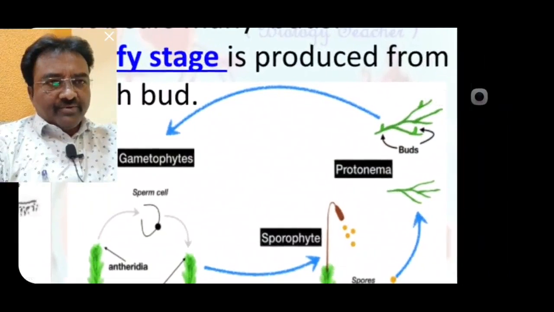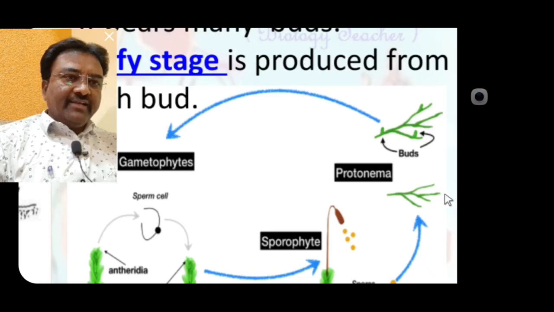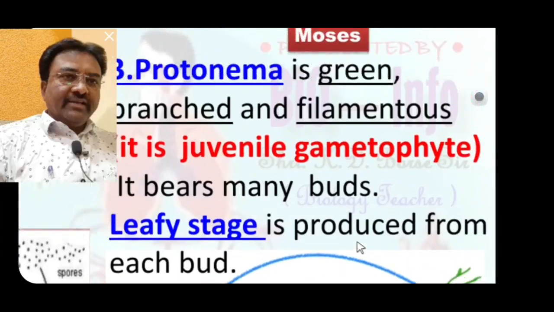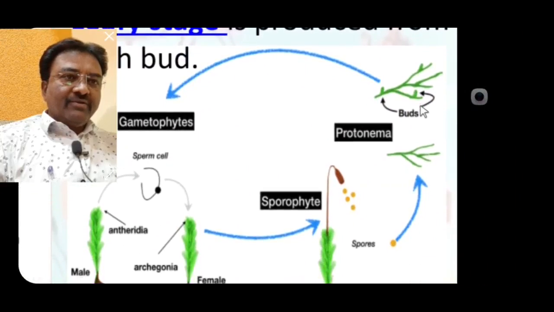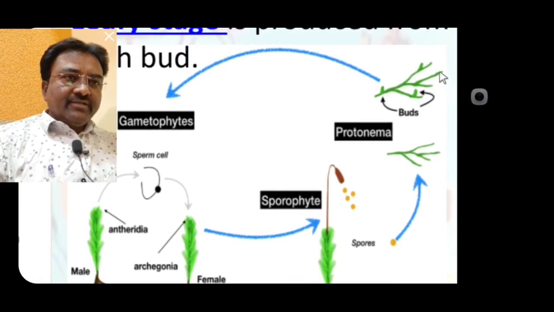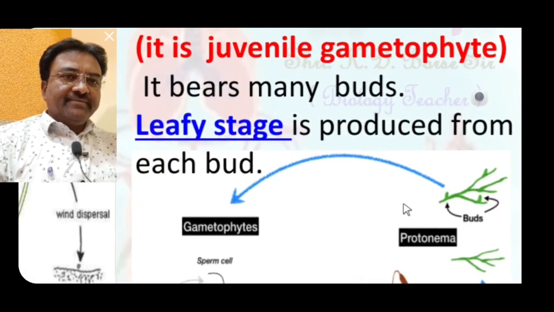This is the protonema stage, no doubt green in color, branched, filamentous, with buds. Each bud develops into a leafy structure or leafy stage.